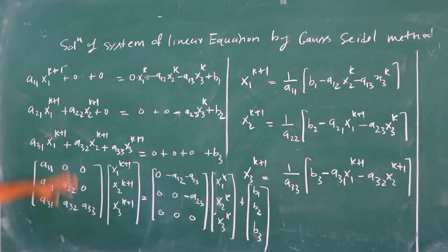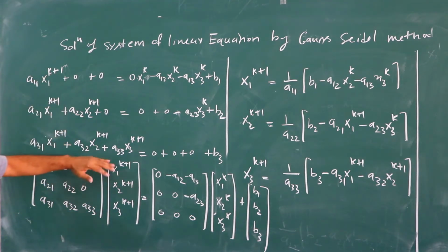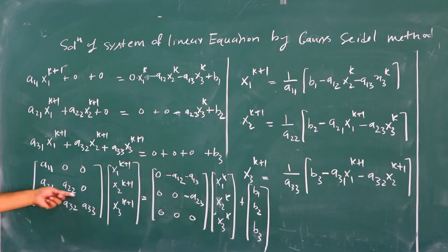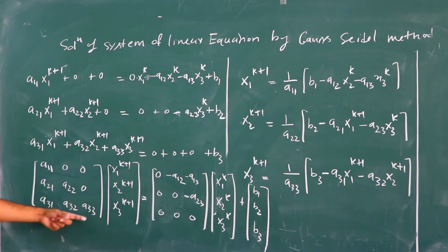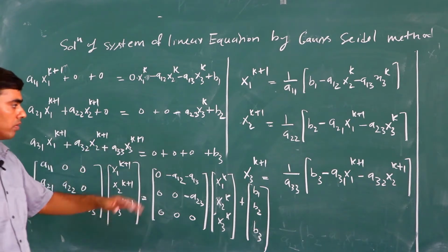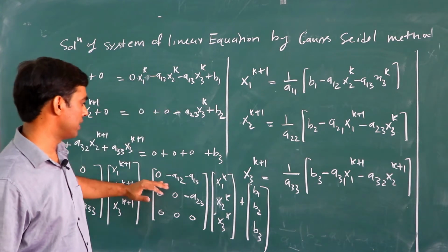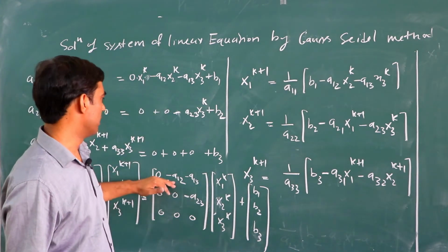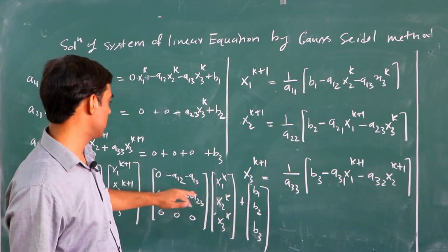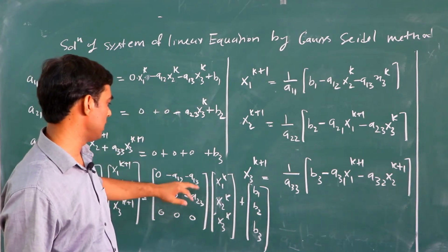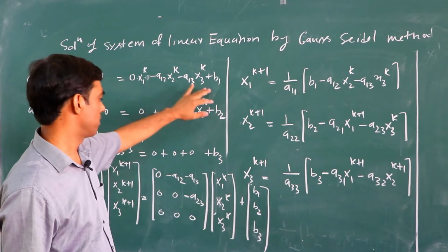So if we closely observe, this expression is equivalent to this one if we multiply row by column. So a11 x1 to the power k plus 1, all the other terms become 0. a21 x1 (k plus 1), a22 x2 (k plus 1), a31 x1 (k plus 1), a32 x2 (k plus 1), a33 x3 (k plus 1) equal to this one multiplied by this one: minus a12 x2 to the power k, minus a13 x3 to the power k, plus b1.